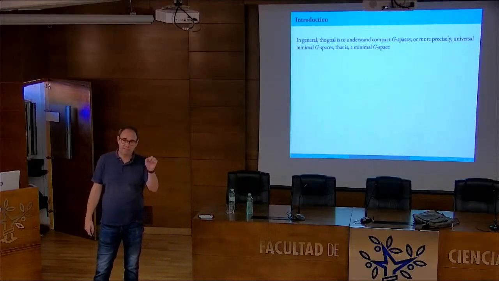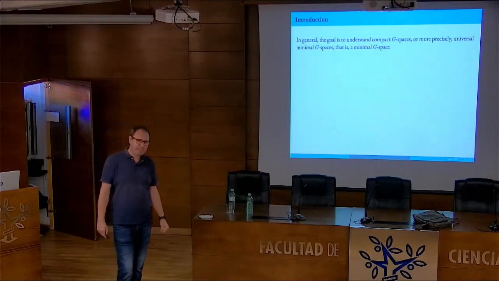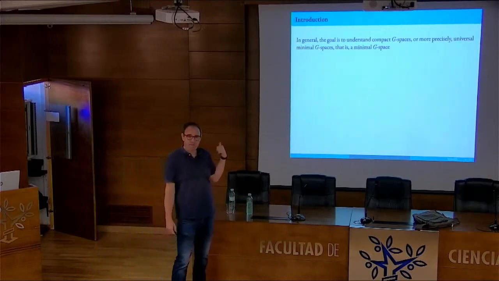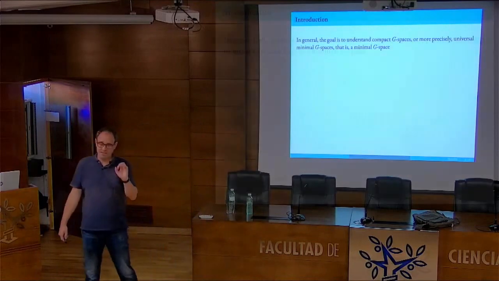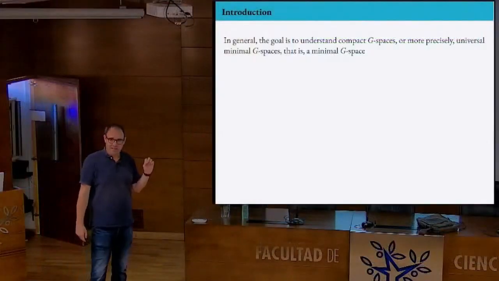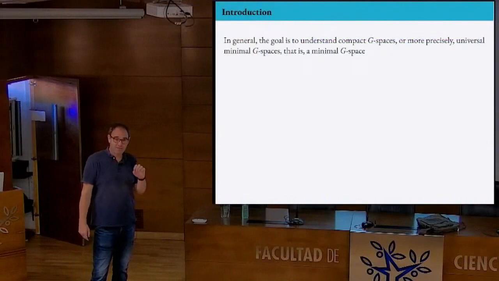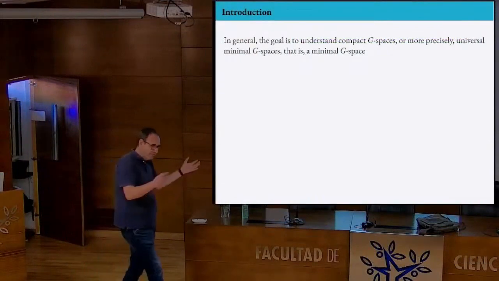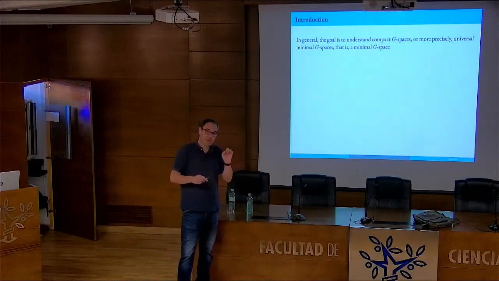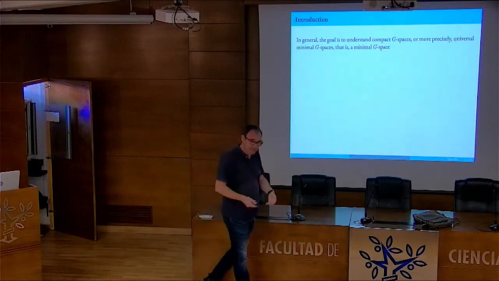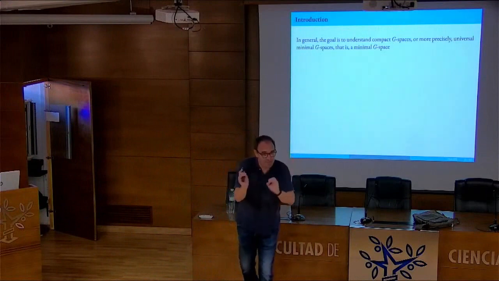Okay, so this is a very extreme case where you have this property that there is a fixed point, but one of the things people in this part of topological dynamics want to understand are these minimal actions. A minimal action, you might guess what it is. There is no sub-action, or equivalently, every orbit is dense. You want to understand them because you can split a given action into these minimal sub-actions.